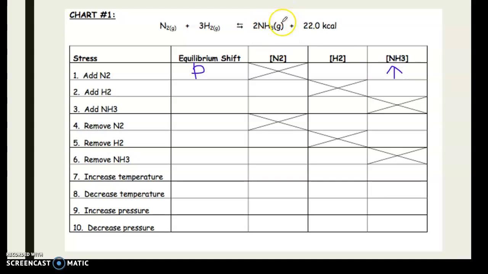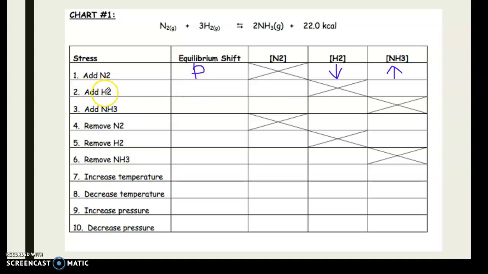Basically, I've added more particles of NH3 and thus I'm increasing its concentration. But as a default, the concentration of H2 being on my other side will decrease. Not that it technically decreased, but in comparison to everything's increase, it looks like it has.